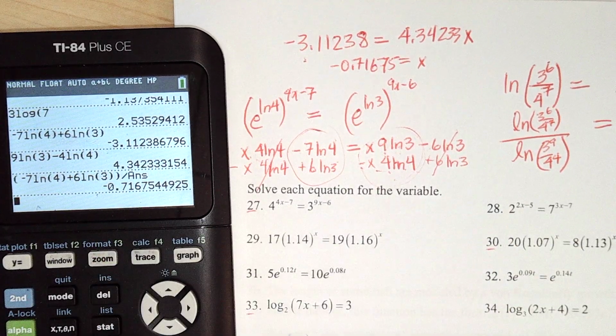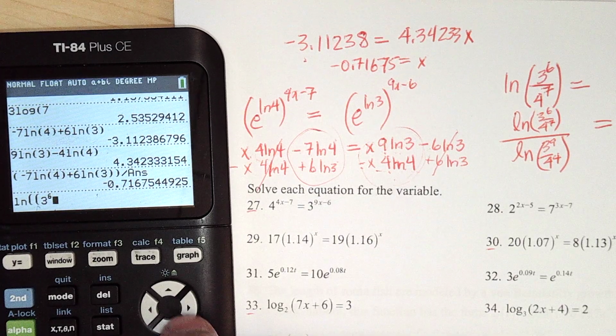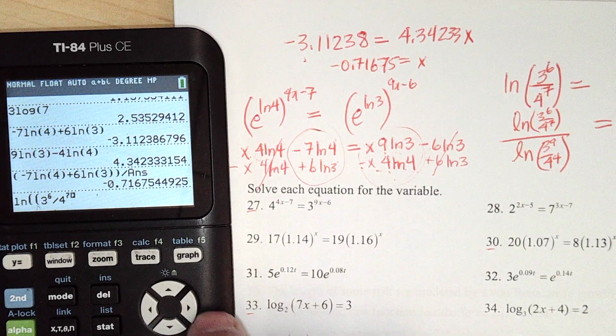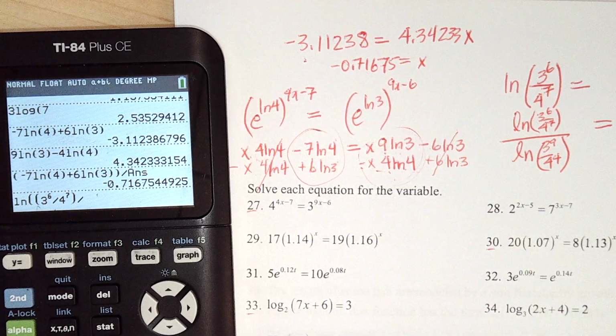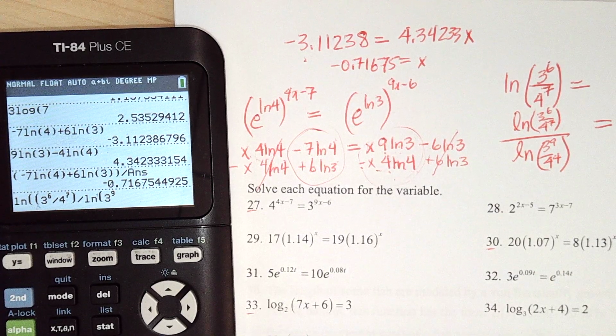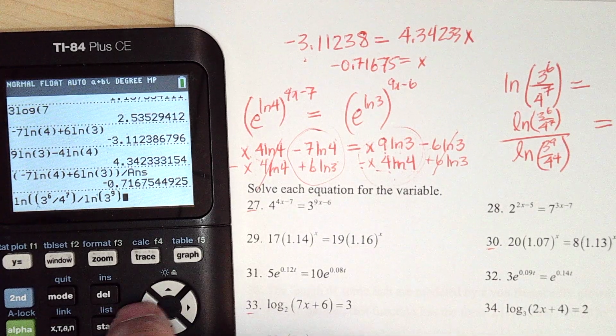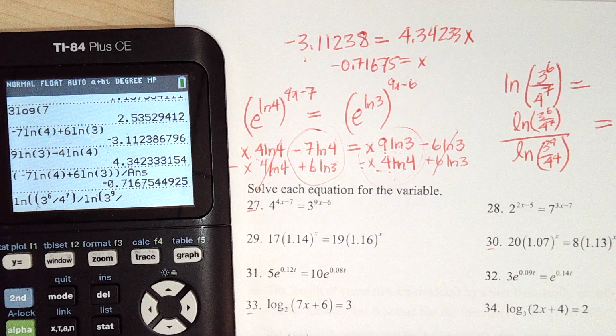Now let's type it in this way. Hopefully I get that same answer. So it'd be ln of parenthesis 3 to the 6th divided by 4 to the 7th, close a parenthesis on the numerator, divided by ln 3 to the 9th, close the parenthesis, divided by 4 to the fourth.